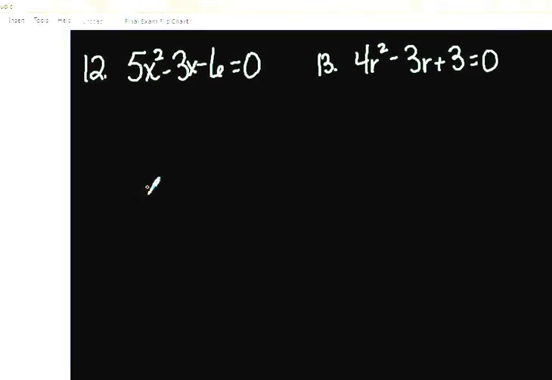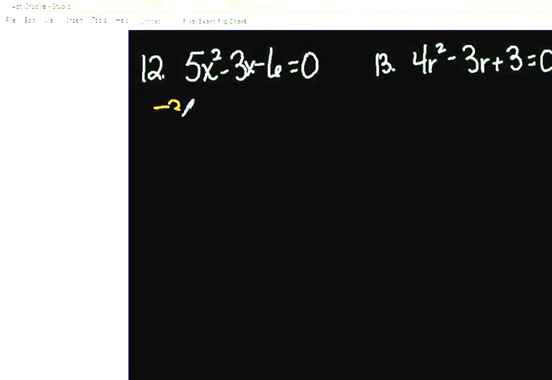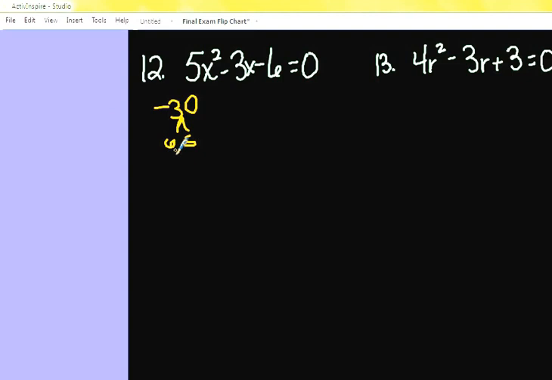All right, number 12. As I look at this, I see a more difficult question because my leading coefficient is 5. This is where you have to multiply a times c. And then let's just do that. Are there factors of -30 that will add up to a -3? Well, I have 6 and 5. That one doesn't work.